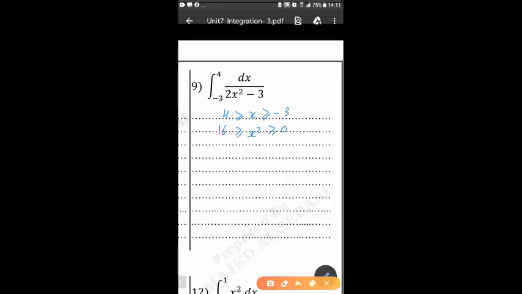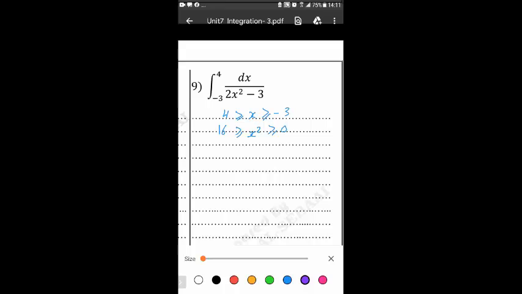We need to check our numbers, they are from -3, -2, -1, 0, 1, 2, 3, and 4. Okay?